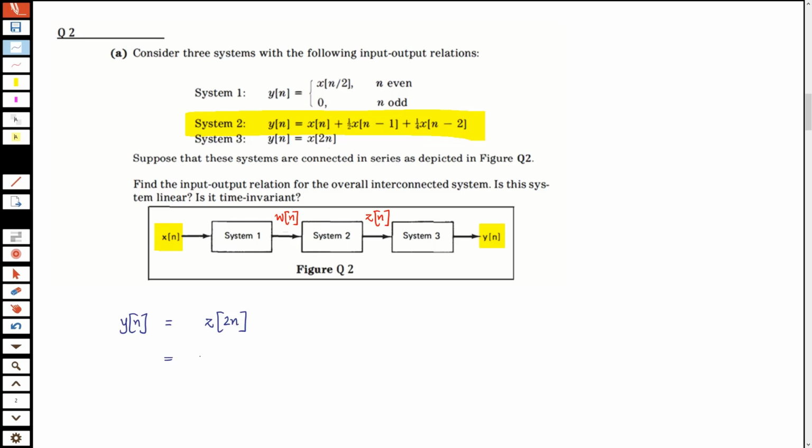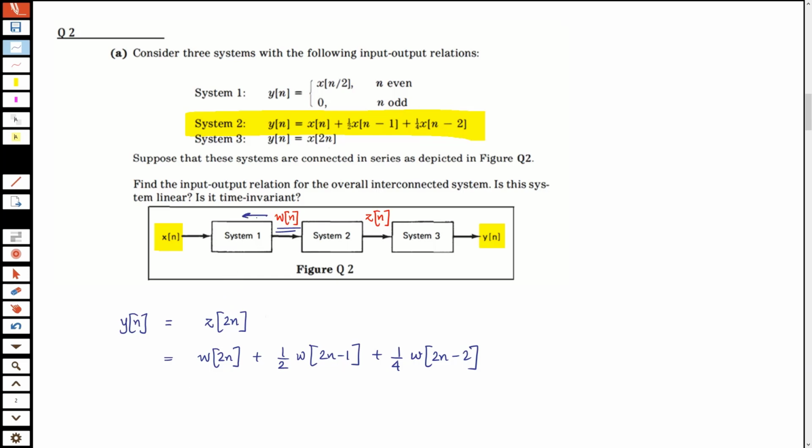So in terms of w, this is w[2n] plus 1/2 w[2n-1] plus 1/4 w[2n-2]. We're writing the output in terms of w[n], but instead of z[n], we need to write z[2n]. So we are just replacing the argument everywhere with 2n.